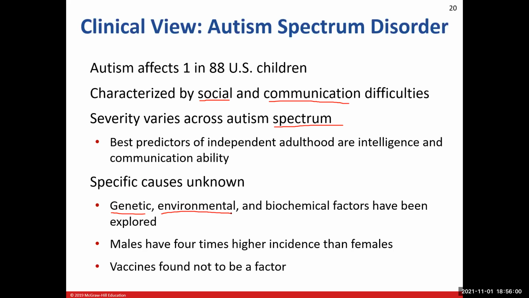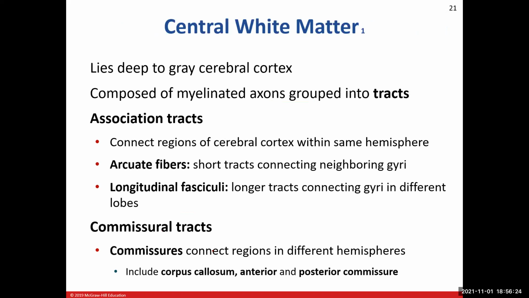I'm not saying that somebody's diet gave them autism, but if someone with autism eats certain foods, it will aggravate their autism more. Really interesting seminar. We'll see it 4 times higher in men than in women.